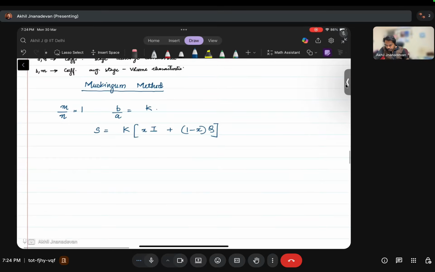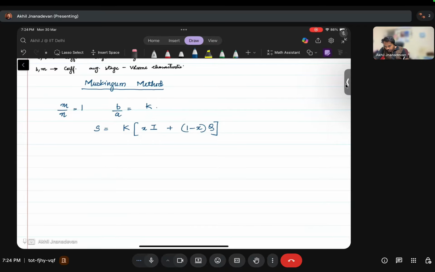And in this case, we could say this KQ is the volume of prism storage, and Kx into (I minus Q) is the volume of wedge storage.